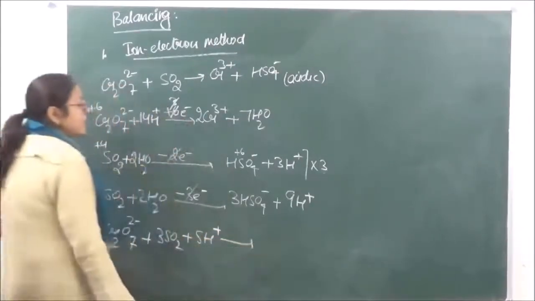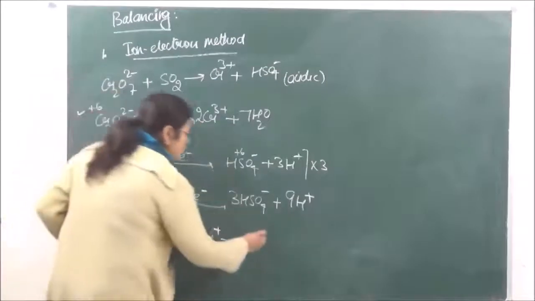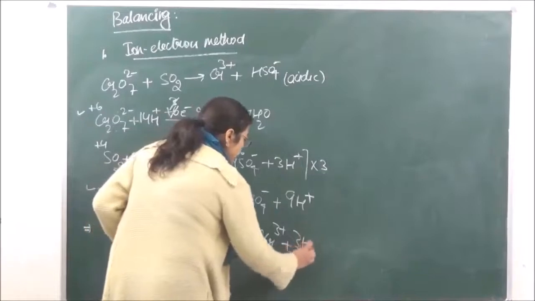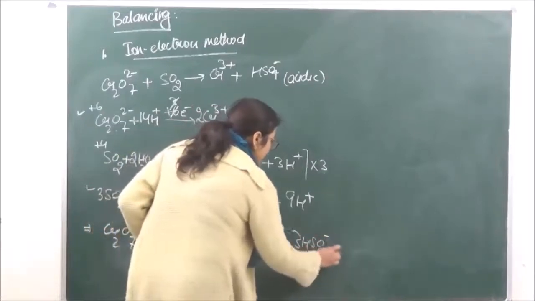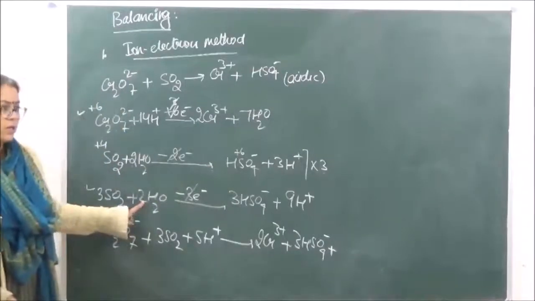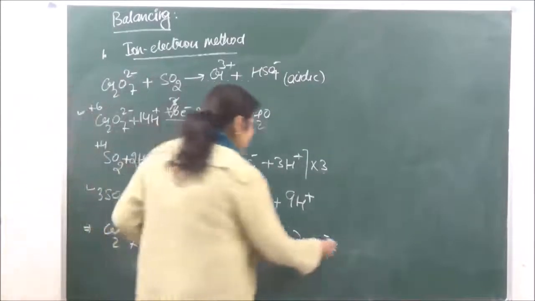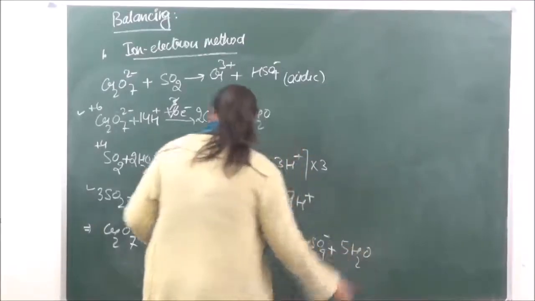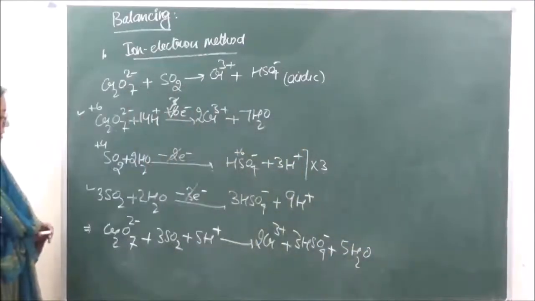And then on the right hand side of the equation we have 2 Cr3 positive plus 3 HSO4 negative plus, now there are 7 water molecules and 2 water molecules here. So we are going to have plus 5 H2O.